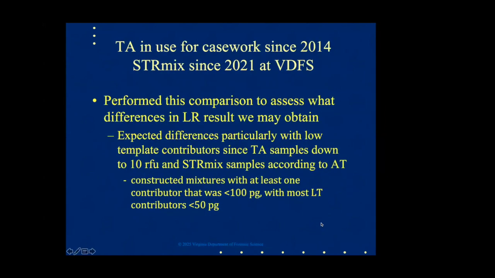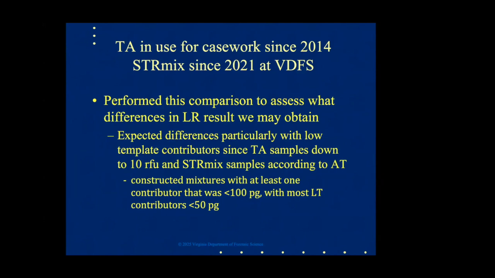Next slide. Now, we've had TrueAllele in use for casework at the Virginia Department of Forensic Science since January of 2014 and STRmix since 2021. I wanted to perform this comparison to assess what differences in likelihood ratio results we may obtain, because we expect differences, particularly with low template contributors, since TrueAllele samples all the way down to 10 RFU or lower apparently, and STRmix samples just according to each lab's analytical threshold.